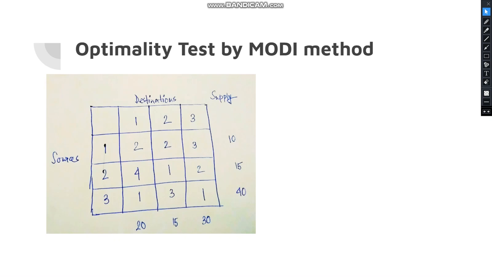Before that, just leave it here. So hope that you have understood all these things. In the next lecture, we'll be discussing what we mean by Modi method and how we optimize a solution using this Modi method.